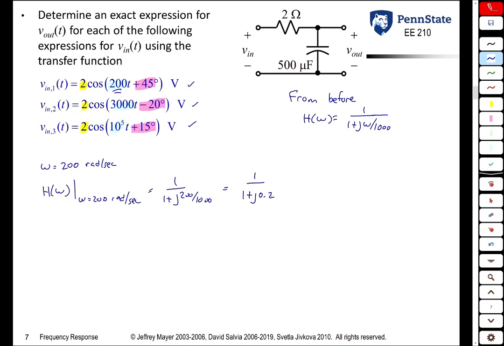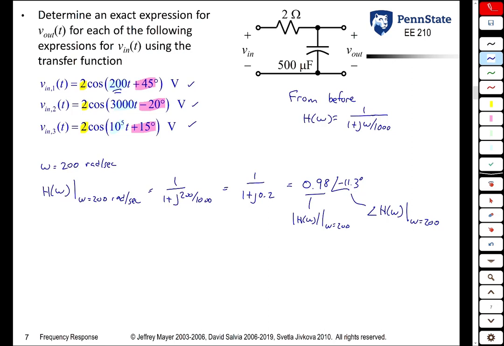Once again, that is in rectangular coordinates. It's probably more useful to put this in polar coordinates: 0.98 and an angle of minus 11.3 degrees. This is the magnitude of H of omega evaluated at 200 radians per second, and this is the angle or phase of H of omega evaluated at a frequency of 200 radians per second.